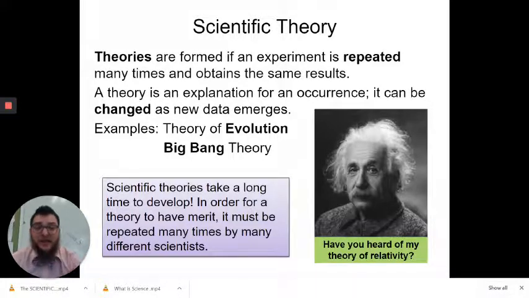So, some of the big ones, this is my man Einstein, right? Einstein came up with the theory of relativity. It's about speed and everything else. It's E equals mc squared. It's a physics theory, okay? The big one that everybody knows, the theory of evolution. Now, my man Charles Darwin, who's one of my favorite scientists of all time, okay, proposed the theory of evolution.